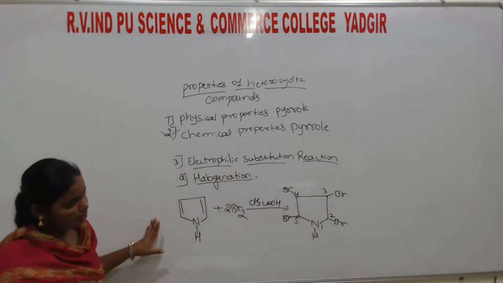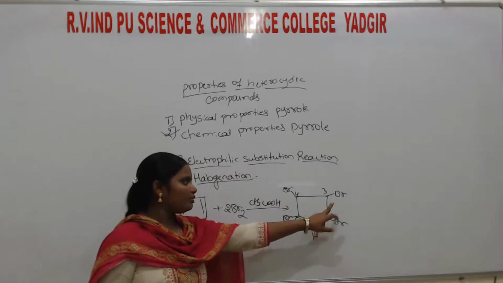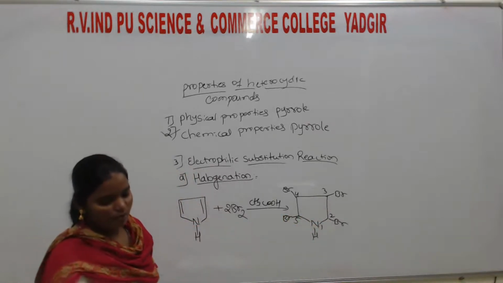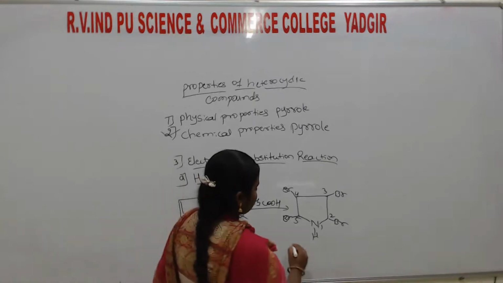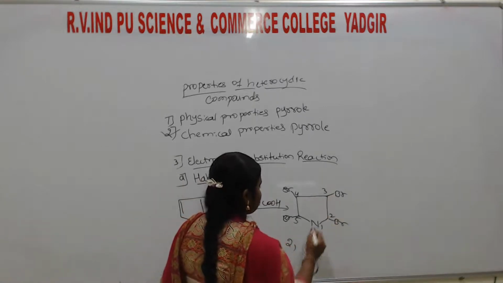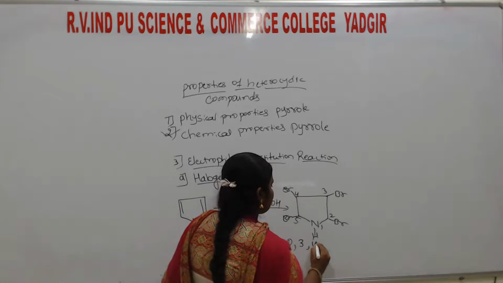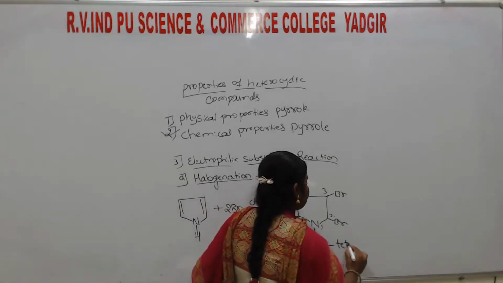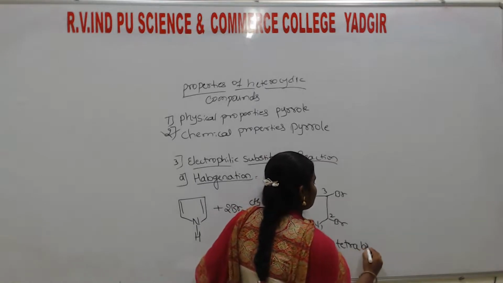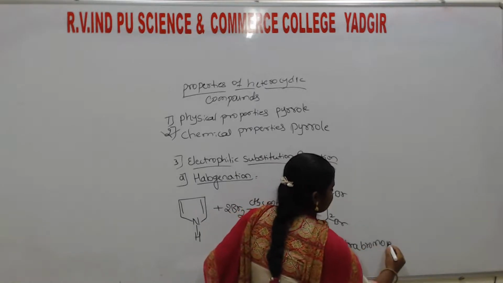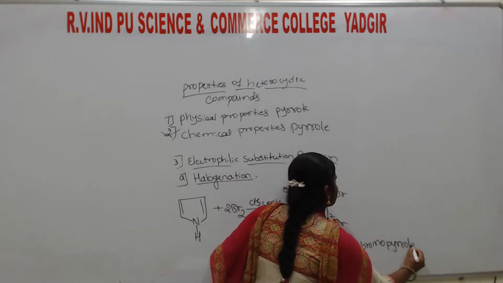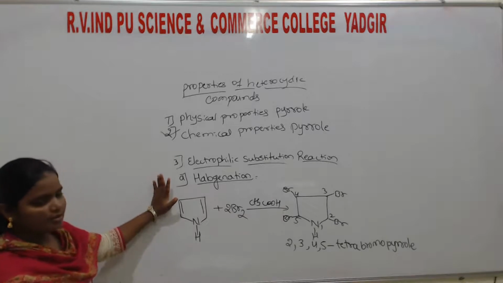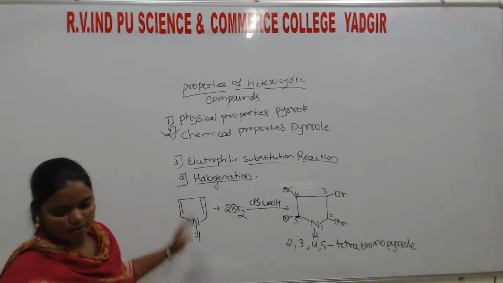The name is 2,3,4,5-tetrabromopyrrole. This is the electrophilic substitution reaction.